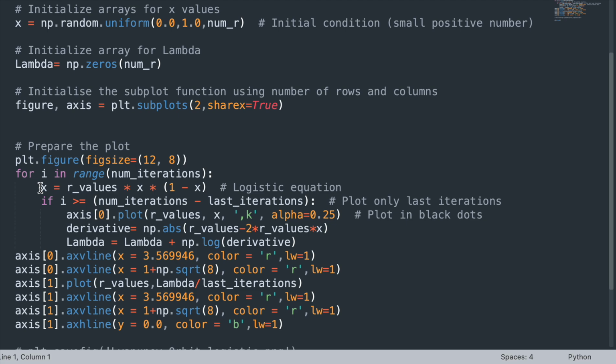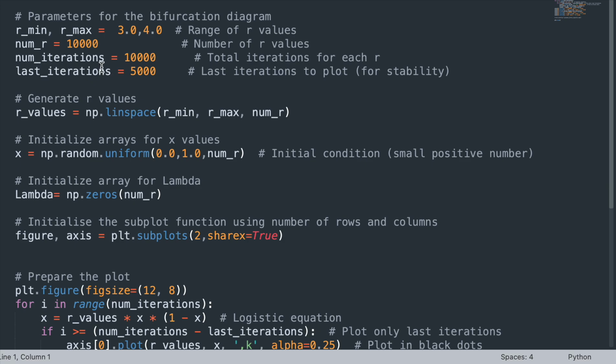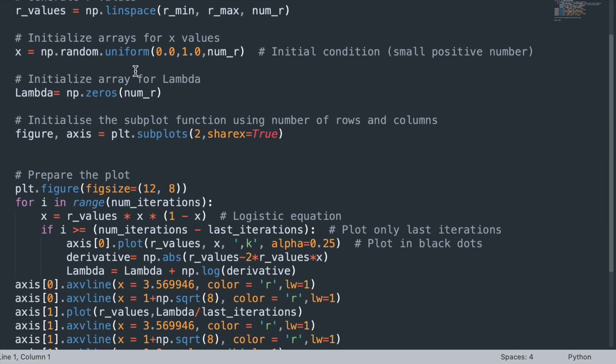This is the logistic equation. Now I am saying that if i is greater than that, here I have taken the transient period as 5,000.